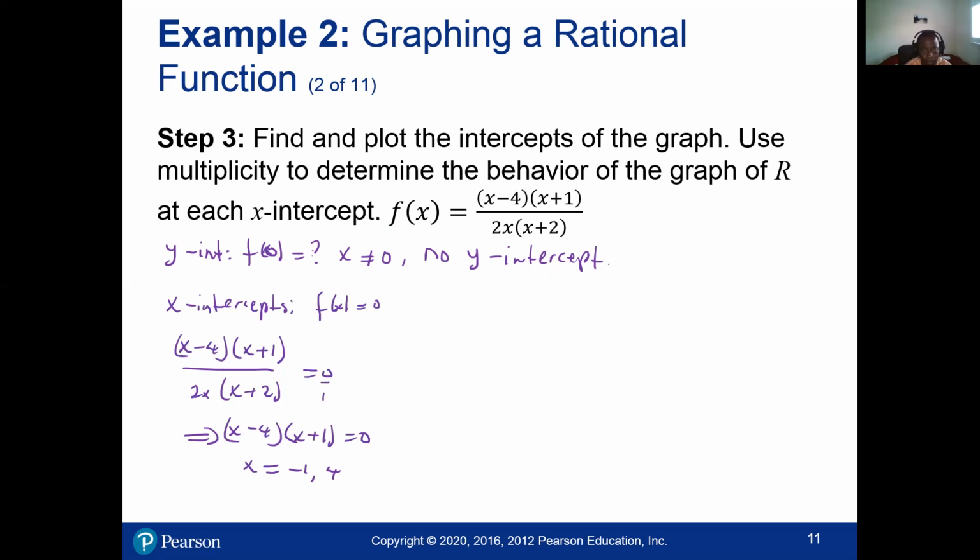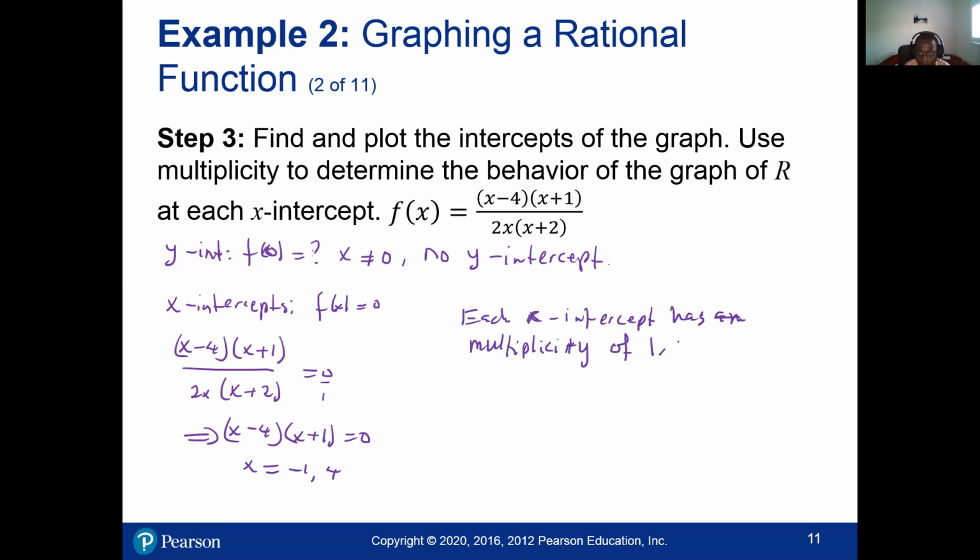-1 and what? -4. Now each x-intercept has a multiplicity of what?